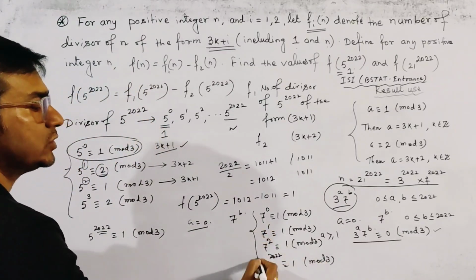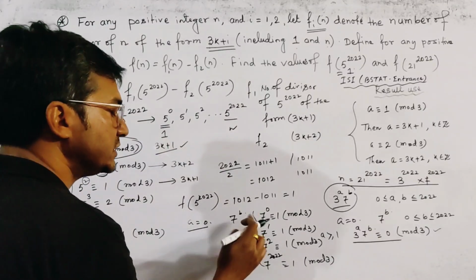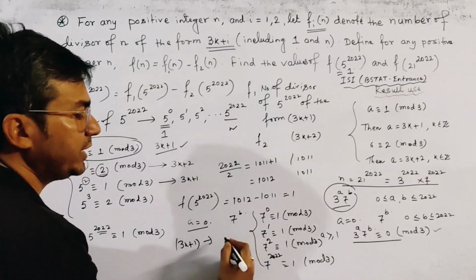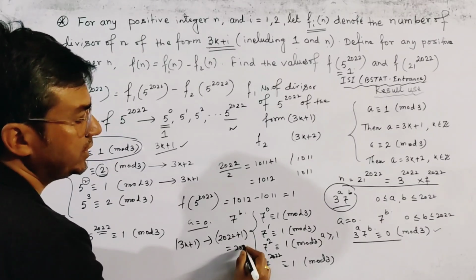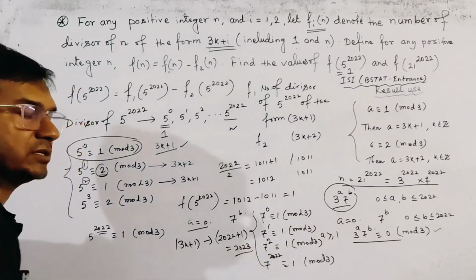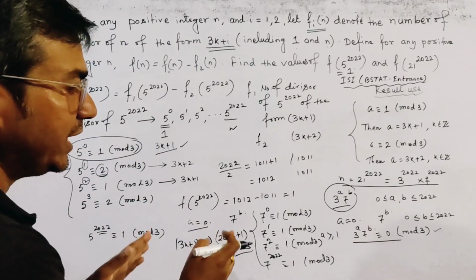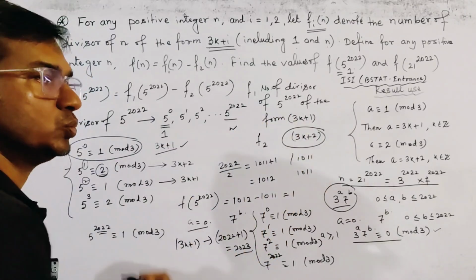So the total number of divisors of the form 3k plus 1 is 2022 plus 1, which is 2023. And we cannot get any divisor of the form 3k plus 2.